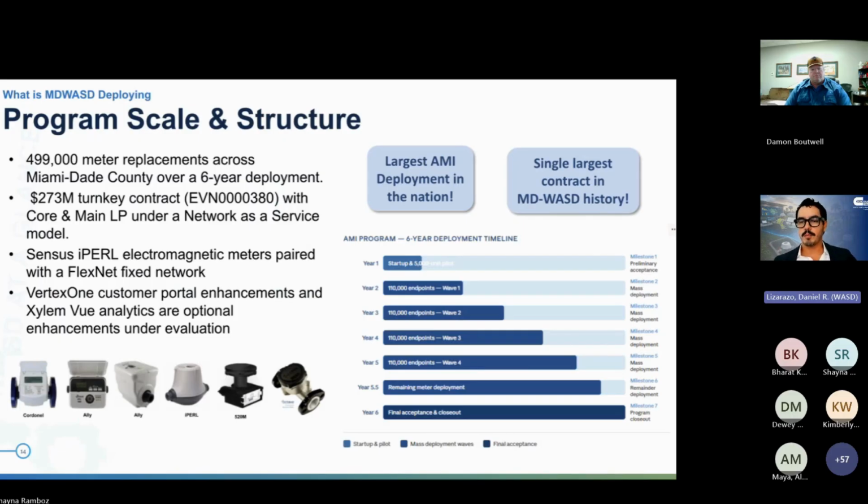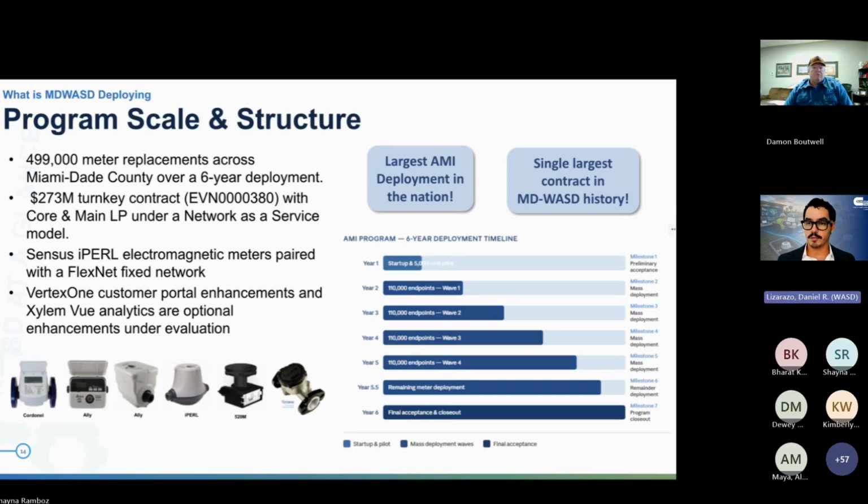So a little bit more details about our AMI contract more specifically, so you can understand the scale and structure of it. The scope of work of our AMI contract represents the replacement of about 500,000 meters. It is a 6-year deployment implementation phase of these AMI meters.